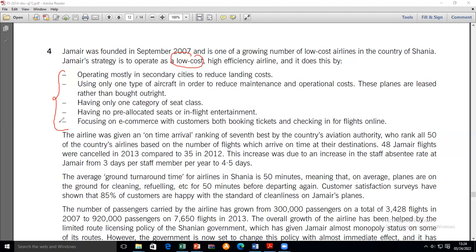So for instance, we've got one here. They want to operate a low cost and high efficiency airline. You want to be very efficient in the usage of the resources. What is one of the biggest resources in this industry? For an airline, what is one of the biggest resources?